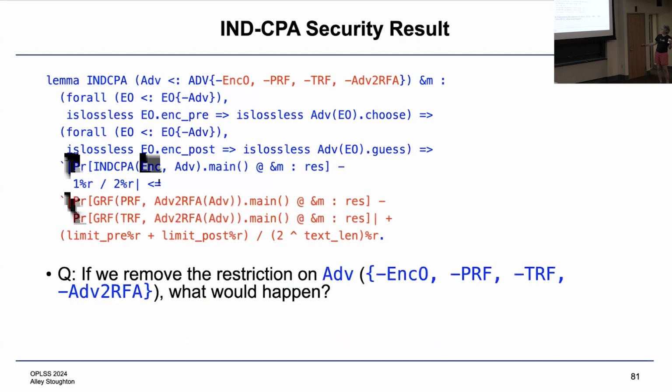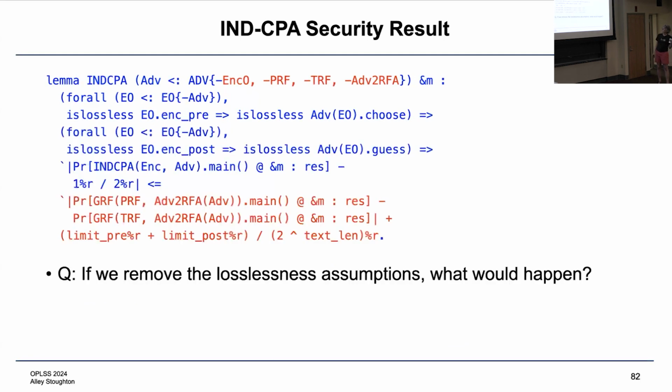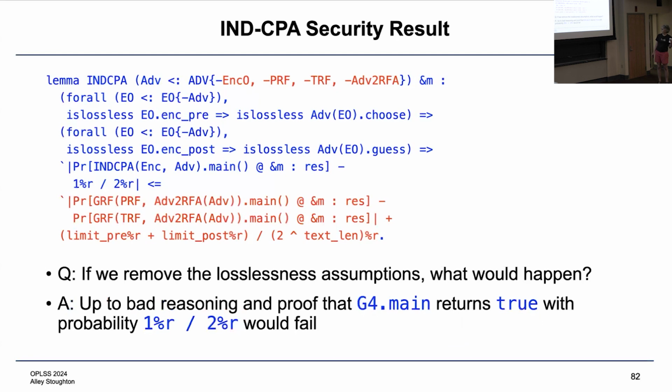If we remove these restrictions, then the adversary could mess with the global state of these things and a bunch of things would break. So we have to make that assumption, but it's completely natural. The losslessness assumptions would break things as well. When we're trying to prove that G4 returns true exactly half the time, if the adversary could not return, then that wouldn't be true.